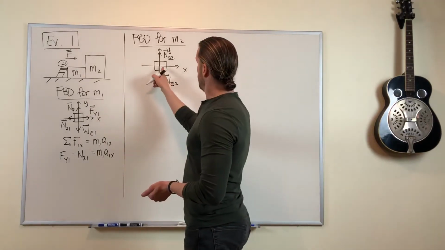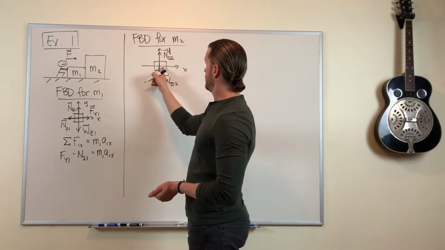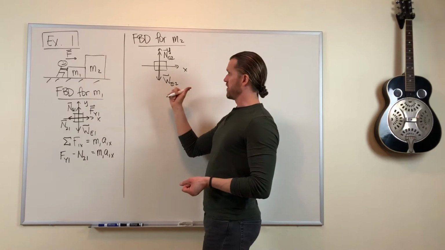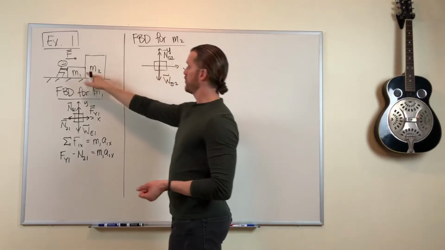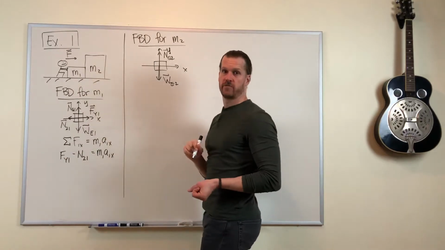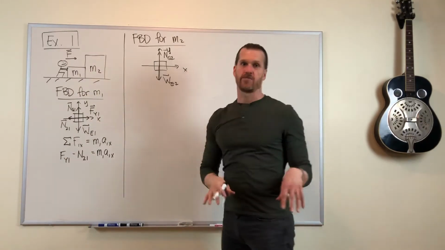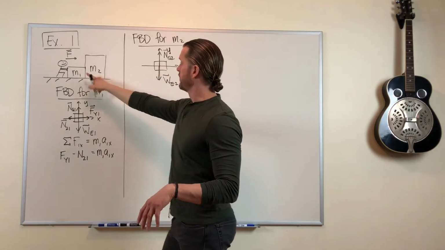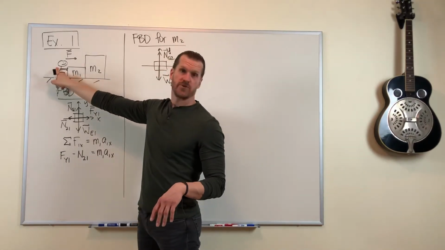And first thing, or really the only thing to notice, is that the force in the x direction is that normal force of mass 1 pushing on mass 2. So just to be extra clear, this force on mass 2 is not from you.